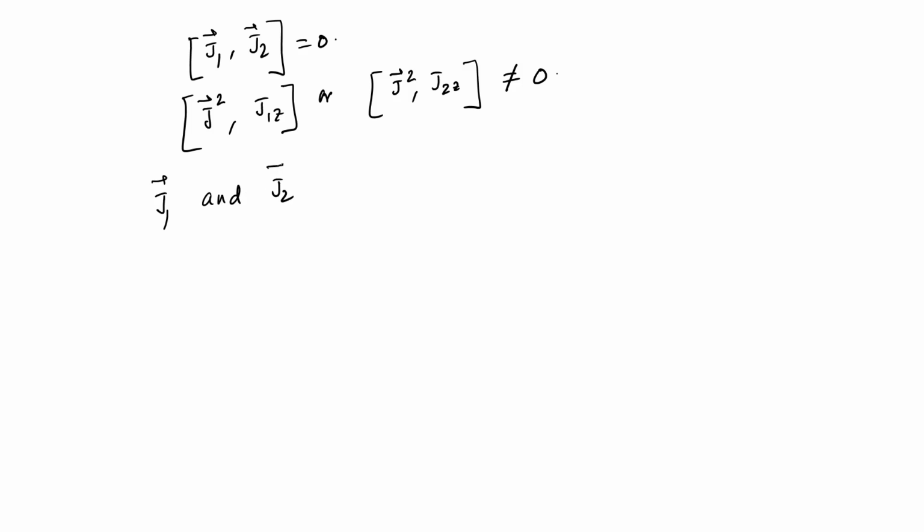And so, let us talk about the eigenfunctions corresponding to J1 and J2. The first one, that is J1, is |j1 m1>, which is what we have said just in the last slide, and for J2, this will be |j2 m2>.